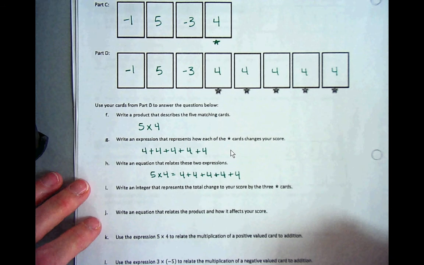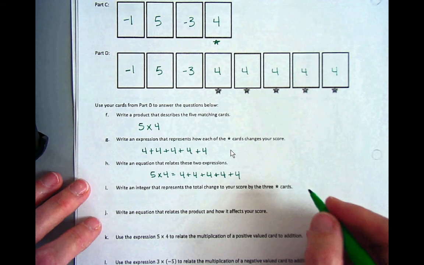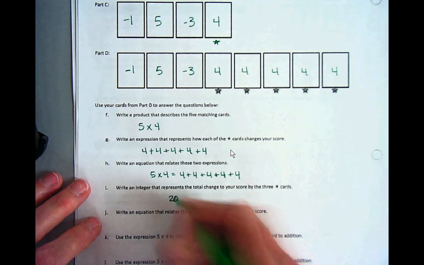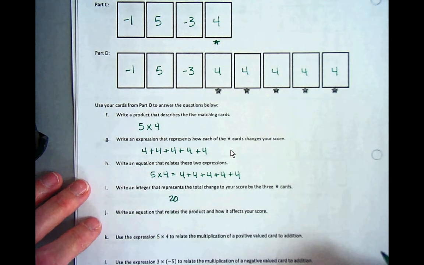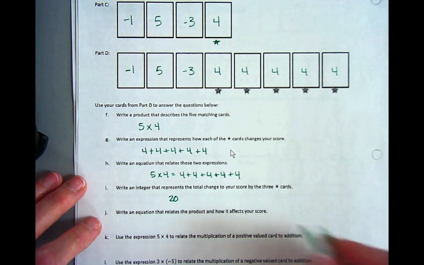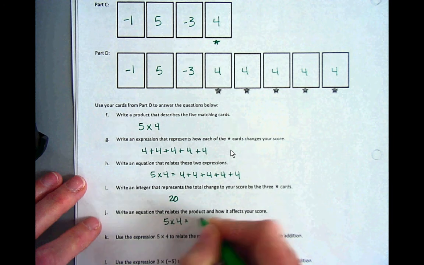Then write an integer that represents the total change in your score by each of the star cards, and that is 20. And the equation that relates the product and how it affects your score is 5 times 4 is equal to 20.